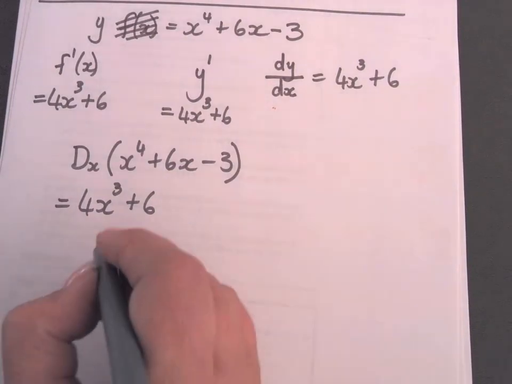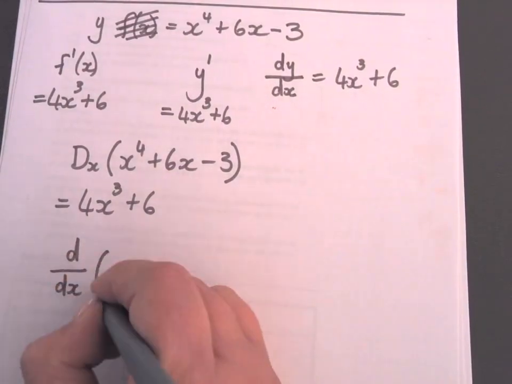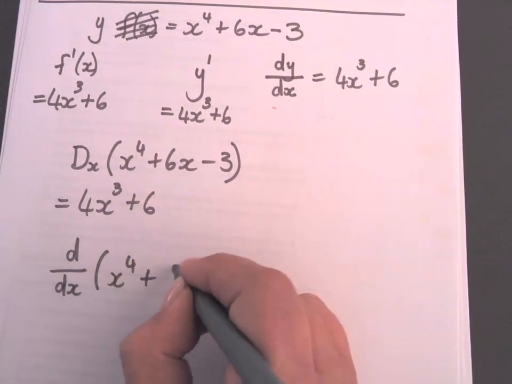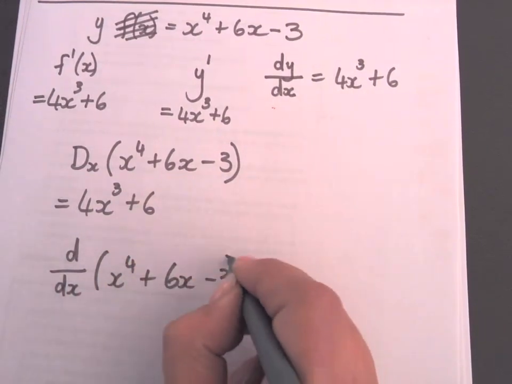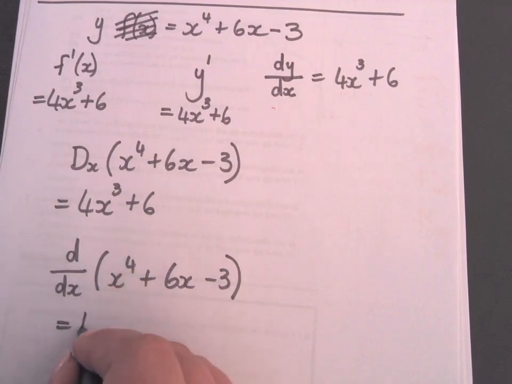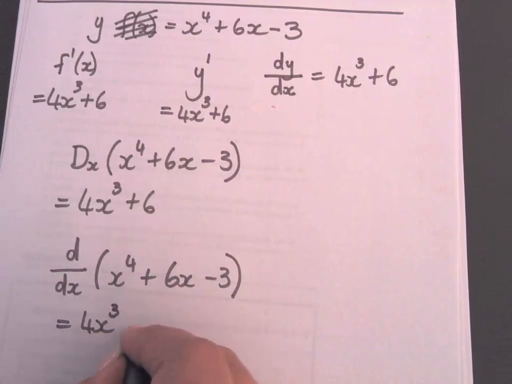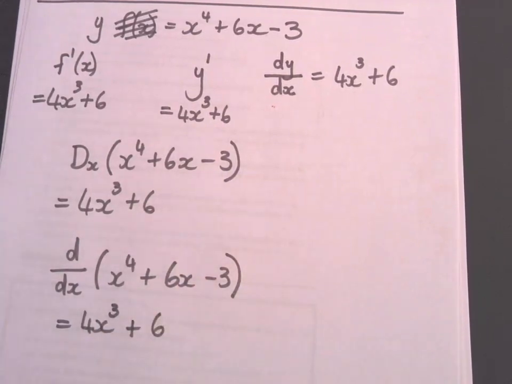Or I can ask you, that's another notation, another way of asking you to get the first derivative. That will also be, take the 4 to the front, 4x, make the 4 one less, to the power of 3 plus 6.